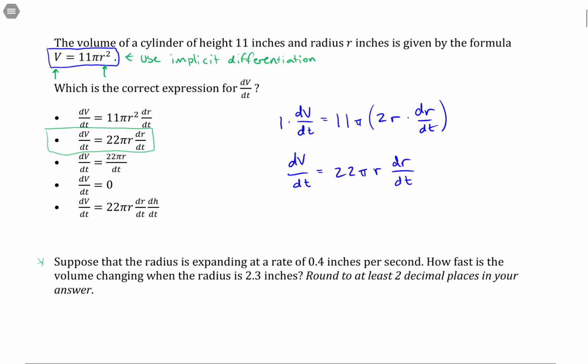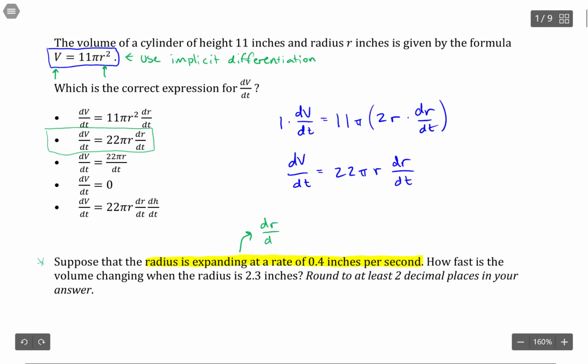So when we read this, suppose that the radius is expanding at a rate of 0.4 inches per second. So we have the radius of this cylinder changing in a measurement of time. This tells me that this is a derivative.